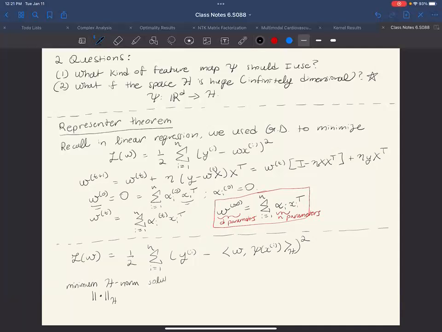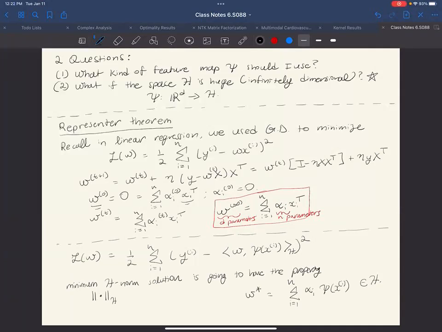The minimum H norm solution is going to have the property that W star is again going to be a linear combination of training examples. It's going to be the sum of alpha_i psi of x_i. And here, note, I don't use the transpose because I'm taking these inner products.